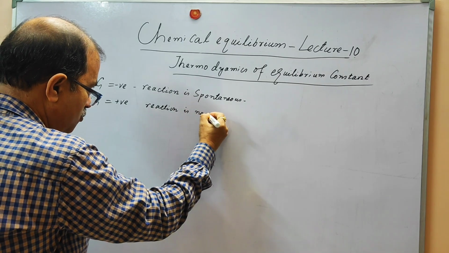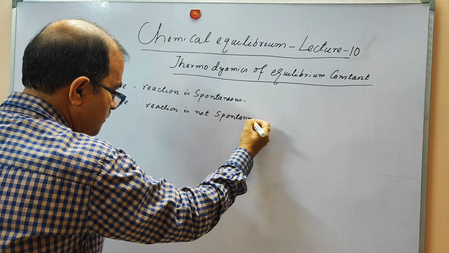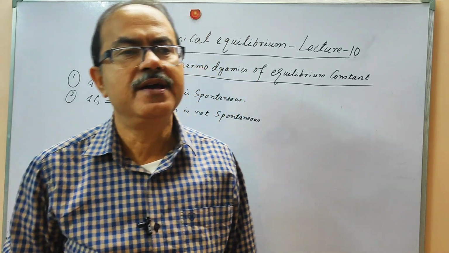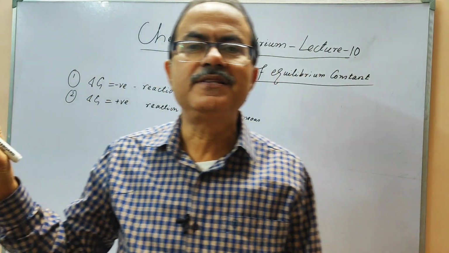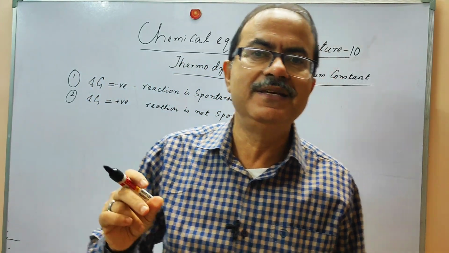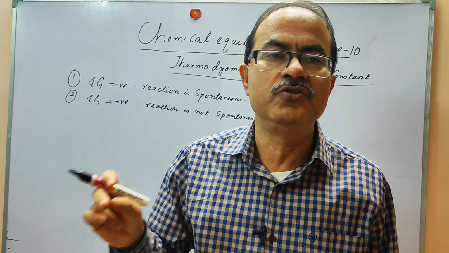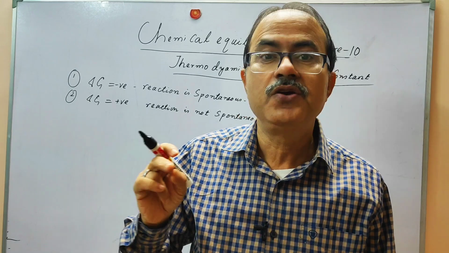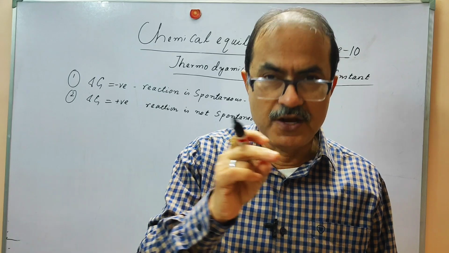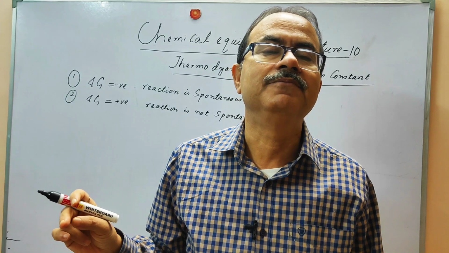That means, in a different way, that its reverse reaction is spontaneous, because when del G is positive in the forward reaction, del G will be negative in the backward, reverse reaction, and the reaction is much more reactive in the reverse direction.